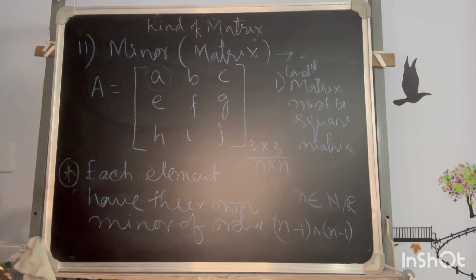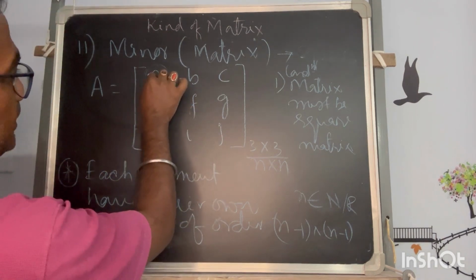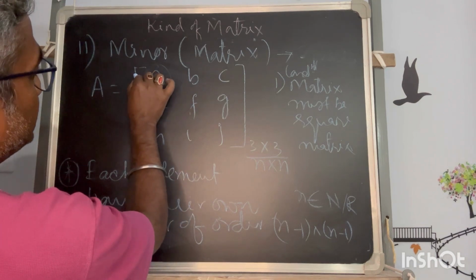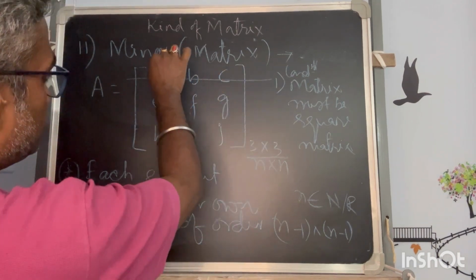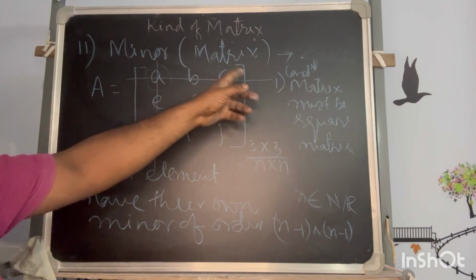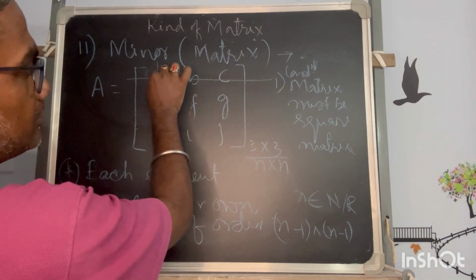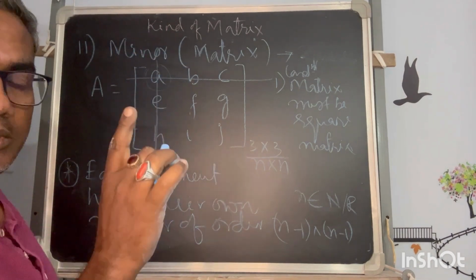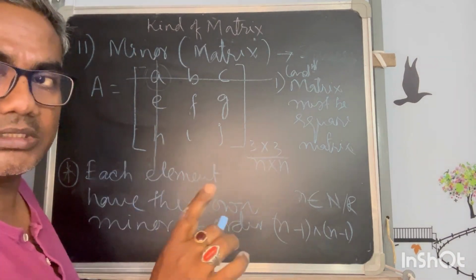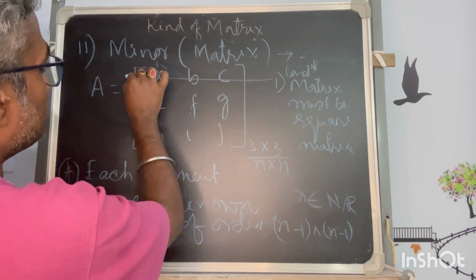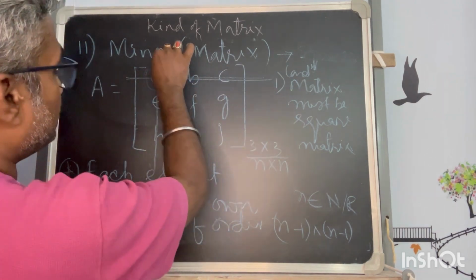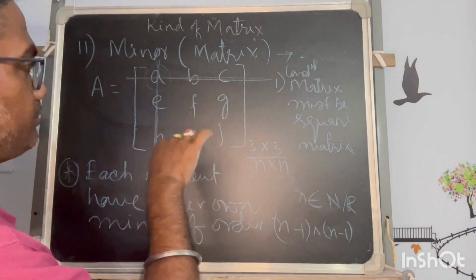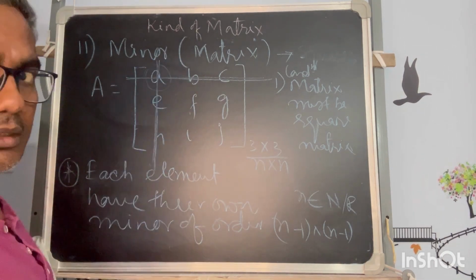Now what is minor? As I said, each element has its own minor. So how do you find that? This element must cross through some row and some column. If I draw a line and the pivot of those two lines will target the element for which I will calculate the minor. So I will cross two lines, one horizontal, one vertical, through the element which I am targeting to find the minor for.